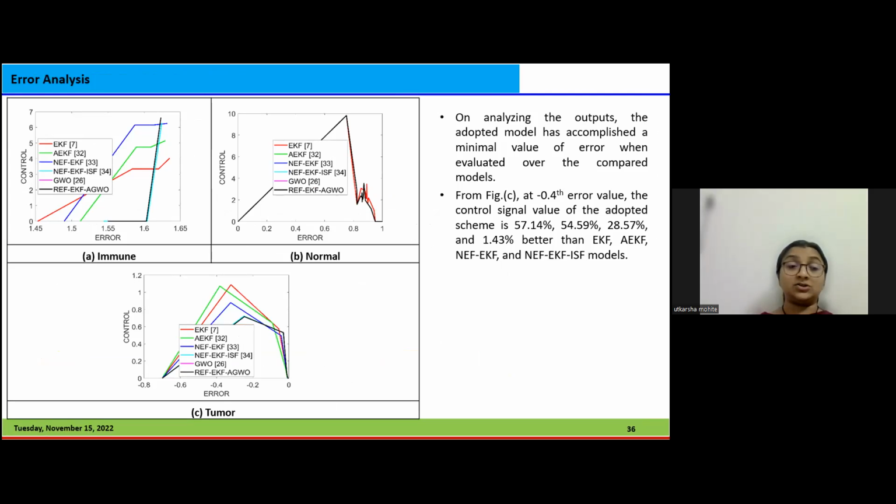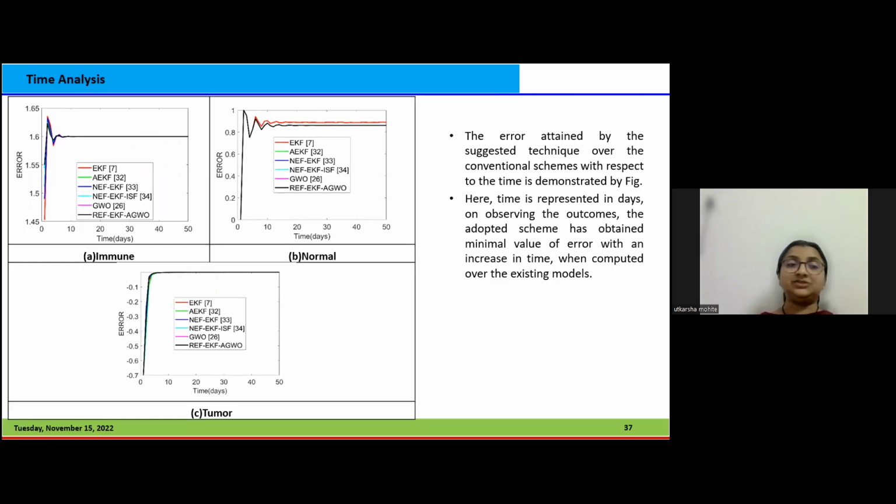We have also taken a systematic representative view of the error analysis for the particular cells, and the method was better than the previous methods, by 57, 54, near around 28, and 1.3% better than all the methods which we have used.